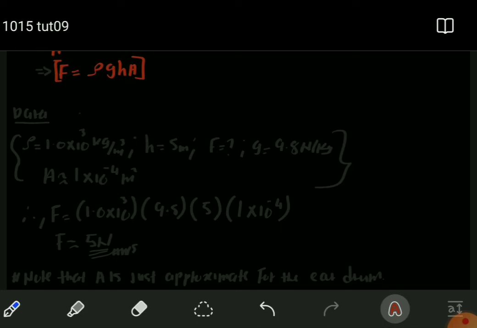Just an estimation depending on the value you wish to use. I estimate the area of the eardrum to be roughly about 1.0 times 10 to the minus 4 square meters.